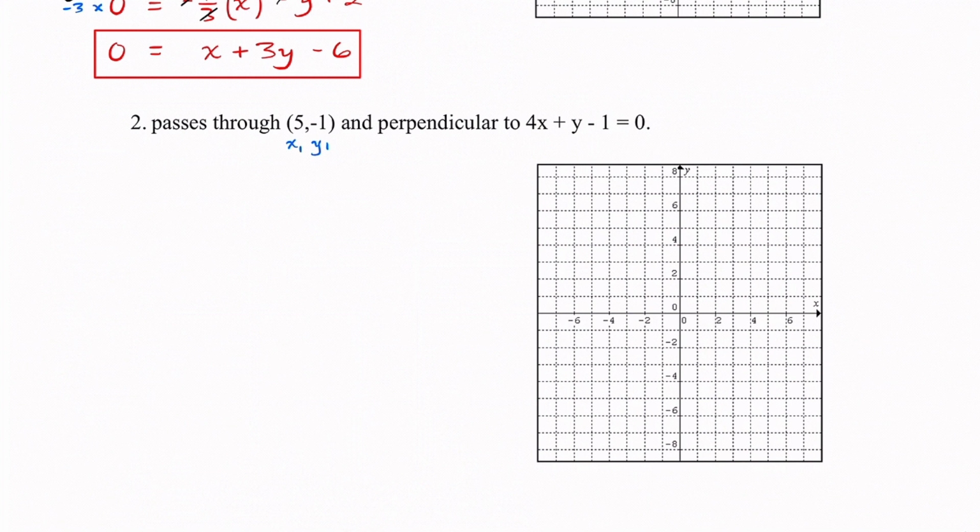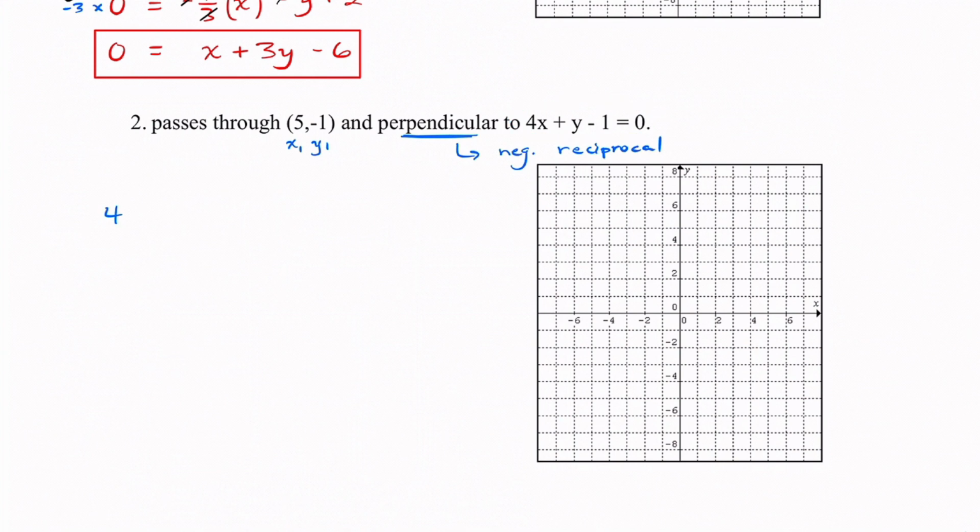So I know that the line that I want is perpendicular to this line. And remember, if something is perpendicular, that means it's going to have a slope that is a negative reciprocal. And a negative reciprocal was just taking the opposite sign, so changing the sign, and then reciprocal was you flip it. So I'm going to find the slope of this and then take the negative reciprocal of that.